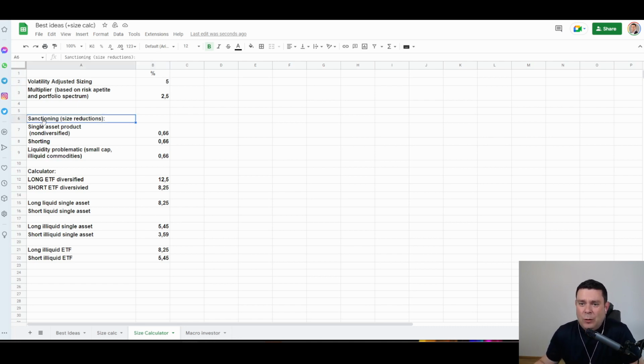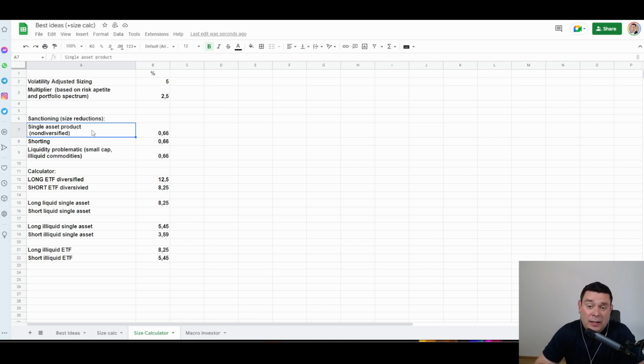So basically, how I do it, I'm sanctioning, reducing size based on different factors. I am differentiating a diversified asset or non-diversified asset. Diversified asset is an ETF like SPY, QQQ. You have a diversification effect.